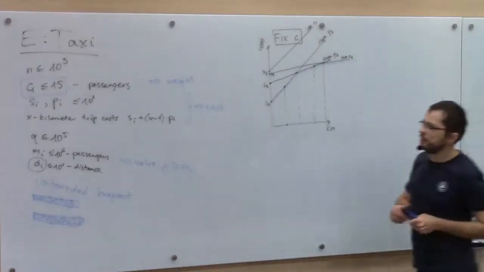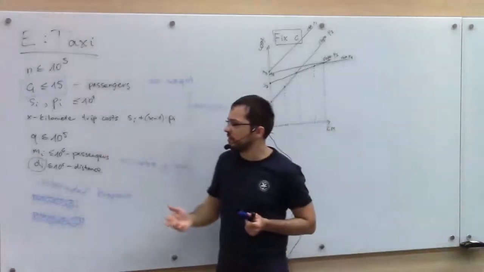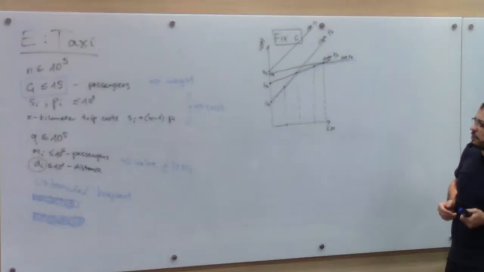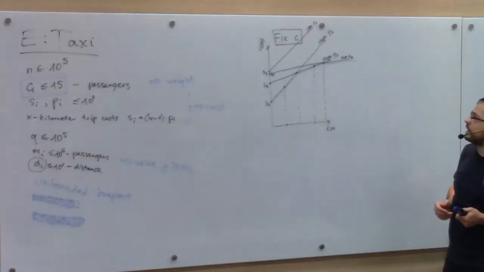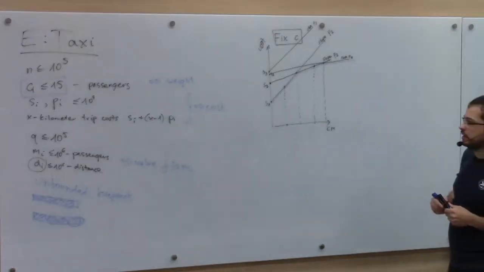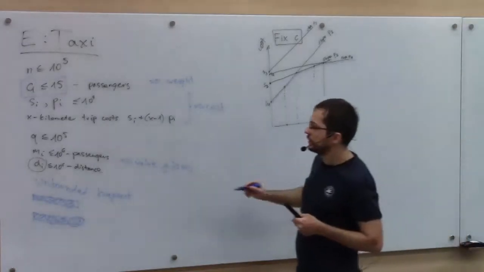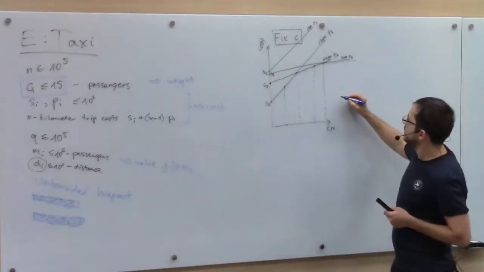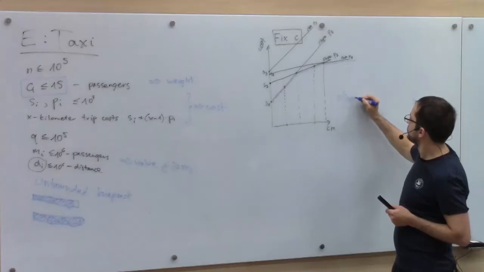And if you have 10 to the fifth queries, I think we can afford to get the information in logarithmic time. So we will get the query for the costs for all the cabs in time O of log n.